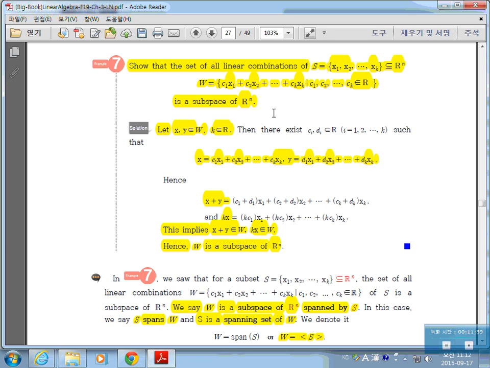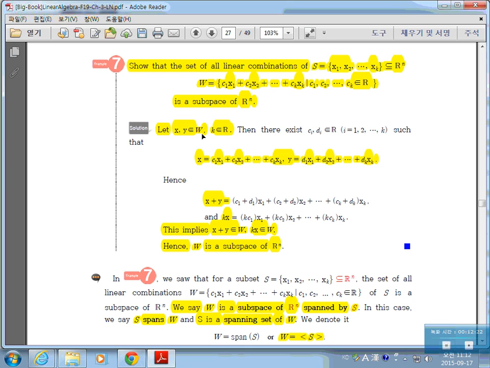If we are asked to show this, all we have to do is use the two-step subspace test. First, show it is closed under vector addition, and second, show it is closed under scalar multiplication.